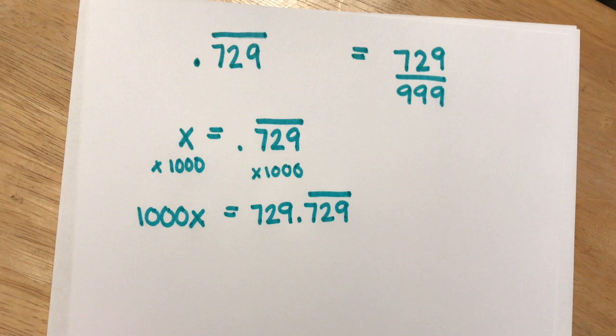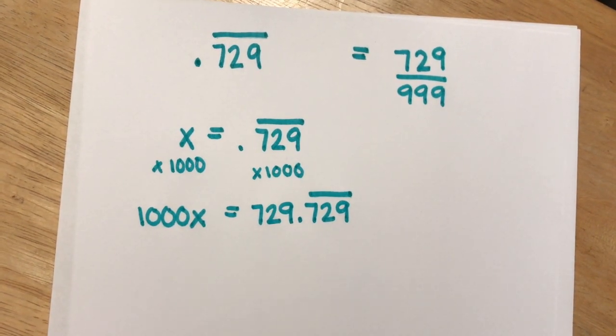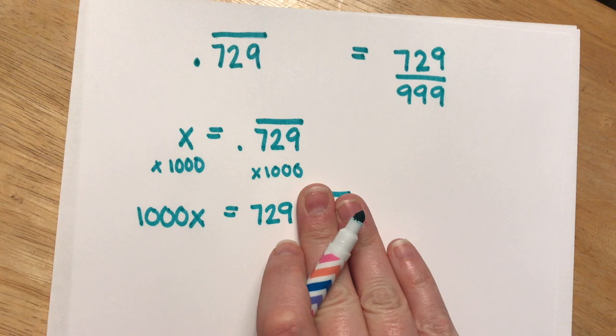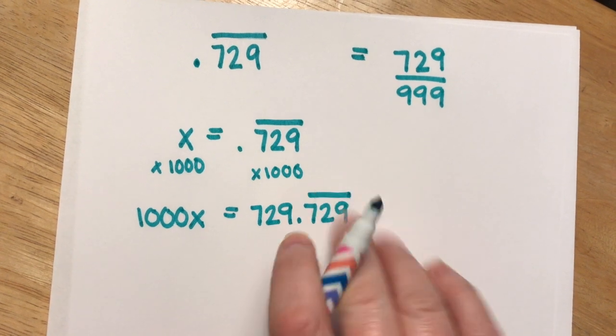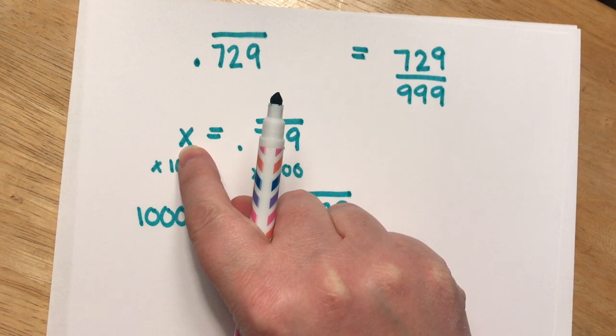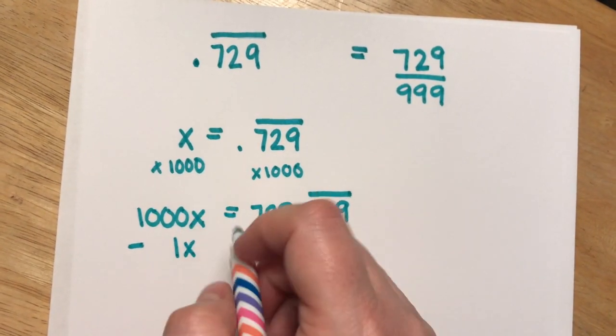Now, I said that x equals 729 thousandths repeated. So now I want to get rid of this repeating part. I just want a whole number here. So in order to do that, I'm going to have to subtract this, which is the same thing as 1x, right? So I'm going to subtract 1x over here, or just x.